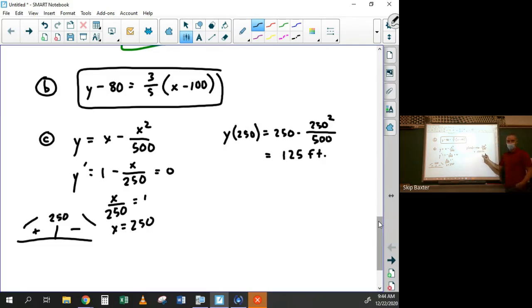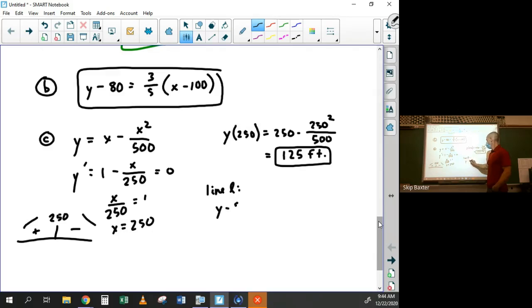So that's the top of the hill, 125 feet above ground level, 0, where the spotlight is. And then you just need to find the y coordinate of this line at 250. So for the line, you would just say y minus 80 equals 3/5 times 250 minus 100. And if you solve for this, you end up with y equals 170.